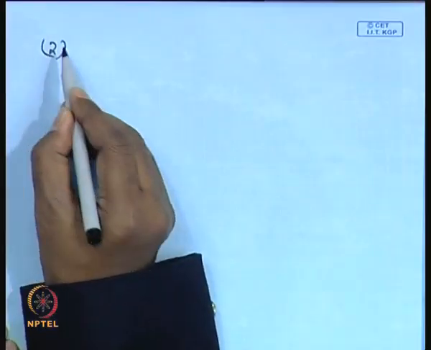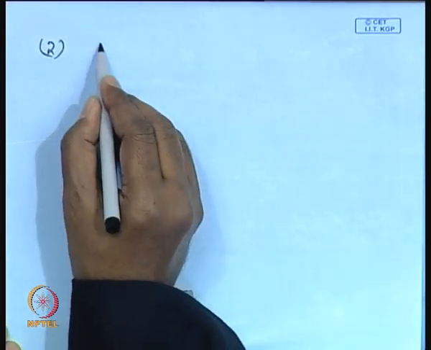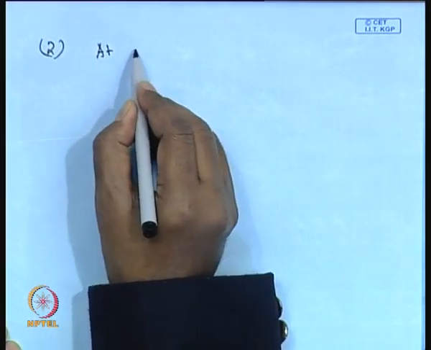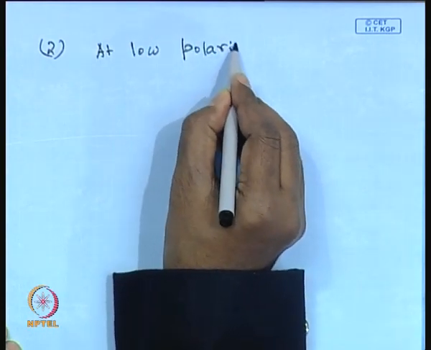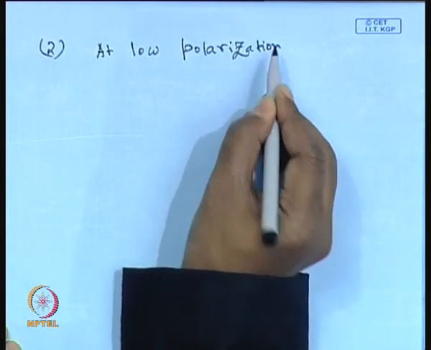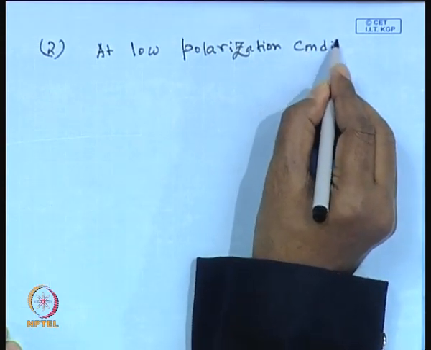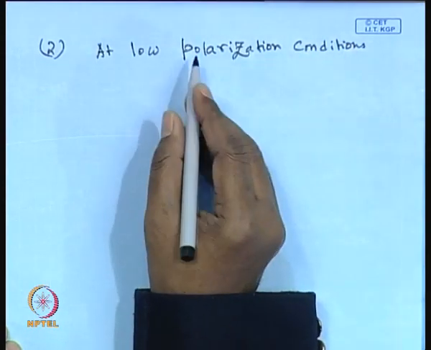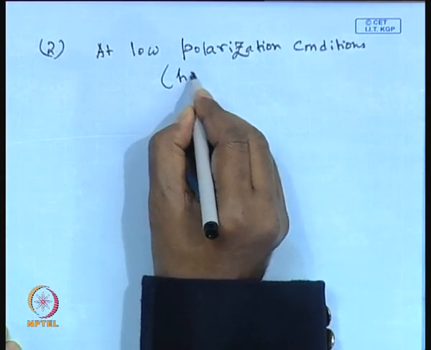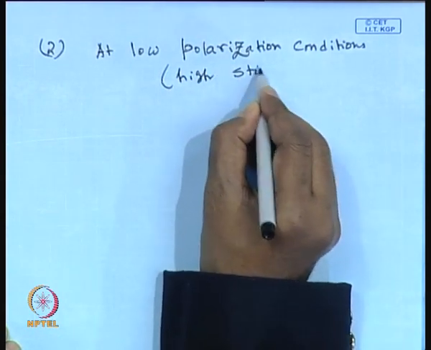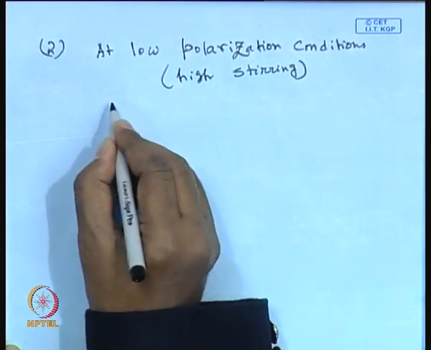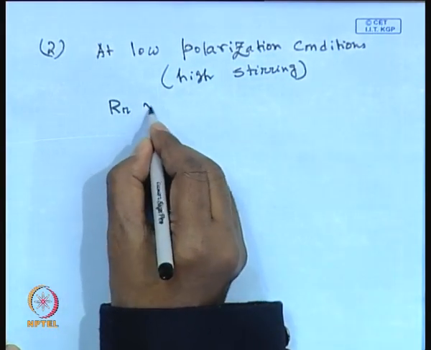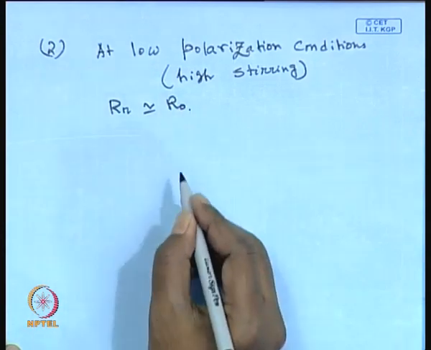Now, the second information that we get from the data is at low polarization conditions. Low polarization condition means you have very high stirring in the system or very high turbulence. In that case, real retention approaches observed retention.